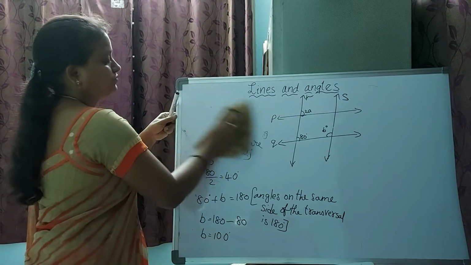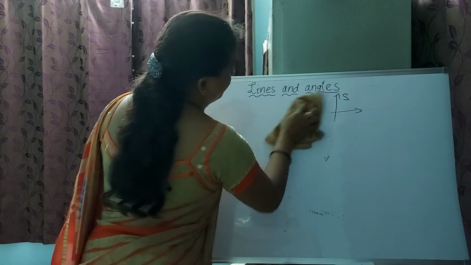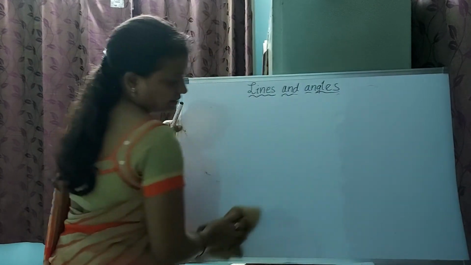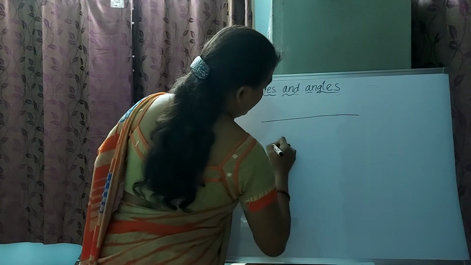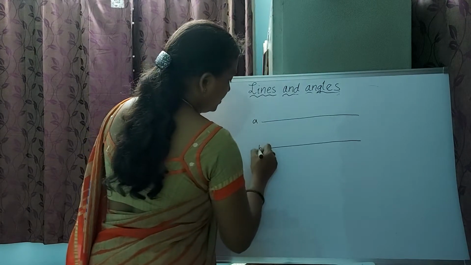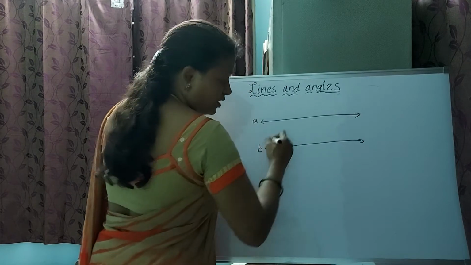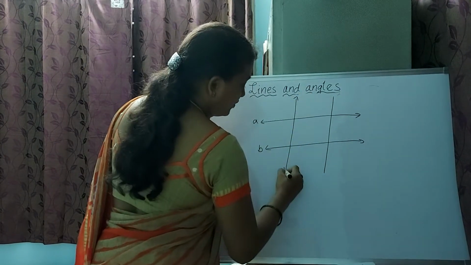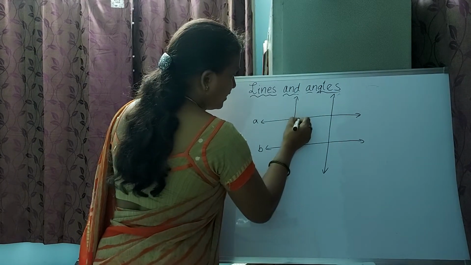Next, in that 4.3 only, we'll see the 7th one. Two lines are parallel, same as the previous problem.